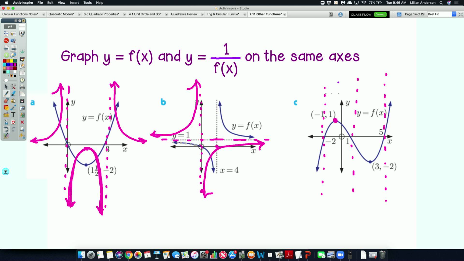It's going to stay there. So there should be a minima here. So following the rules of a vertical asymptote, I have a minima on my original function at (3, -2). So I should have a what where? Maxima at (3, -1/2). Very good.